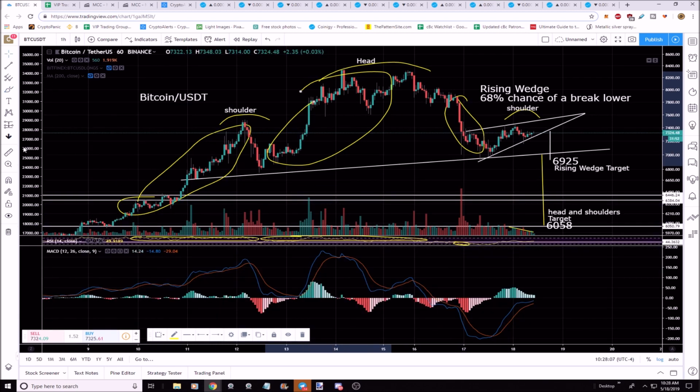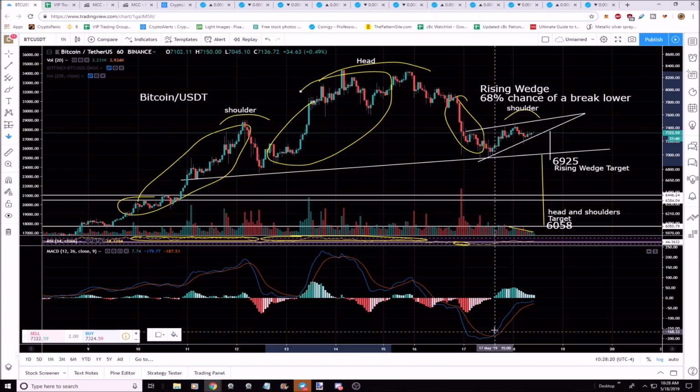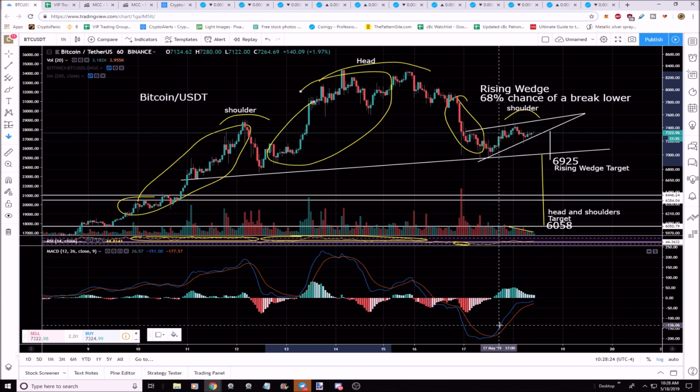I talk about this all the time, but I just want to show you how well the MACD indicator works, as far as MACD crossovers. Let's say right here, this is a bullish crossover, where the blue line is the MACD and the blue line crosses up and above the signal line, which is red.